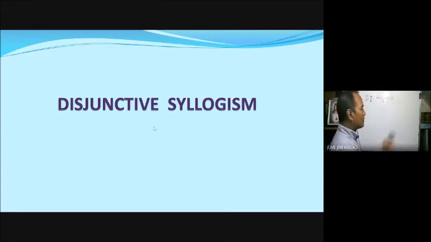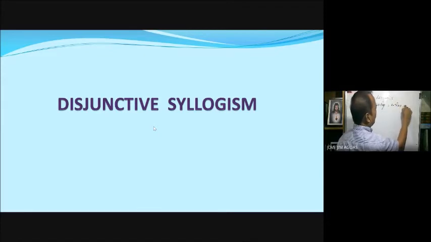And the symbol of disjunction is the wedge. Like a letter V. This is the symbol of disjunction. Either or.